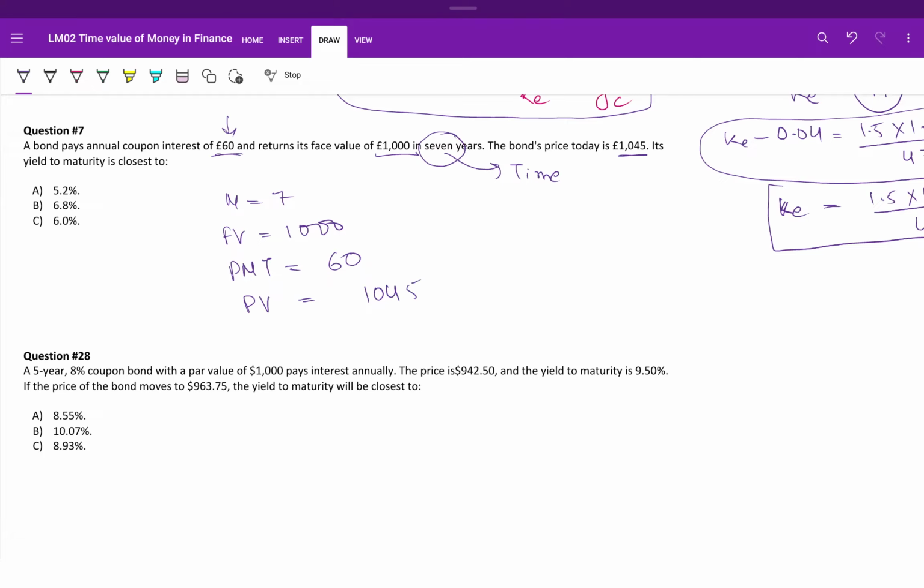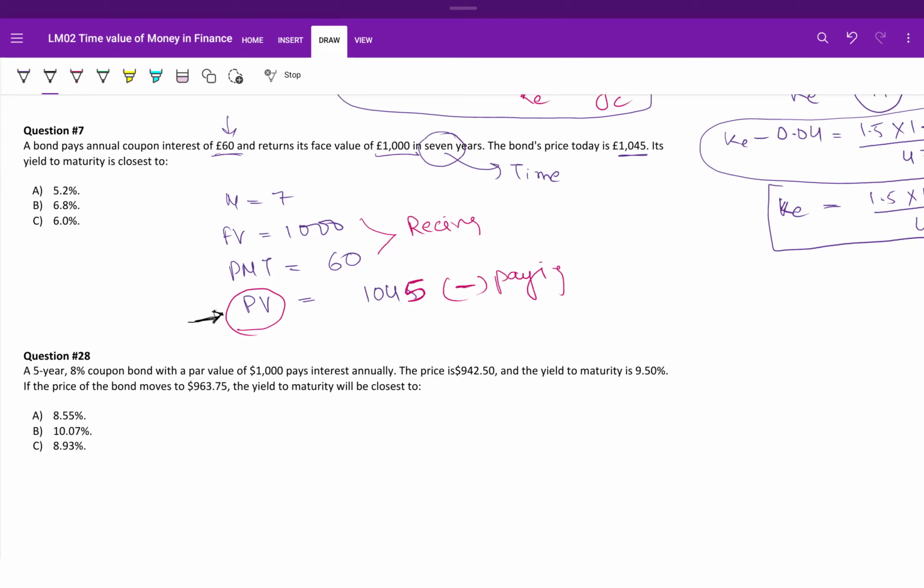Now remember this thing. There are two approaches. Either you say that 1045 is a negative number. You consider present value as an outflow. So now you are paying, and here you are receiving something. Or you can do one thing. You can say that this is the present value if you are in a bank or an investor.